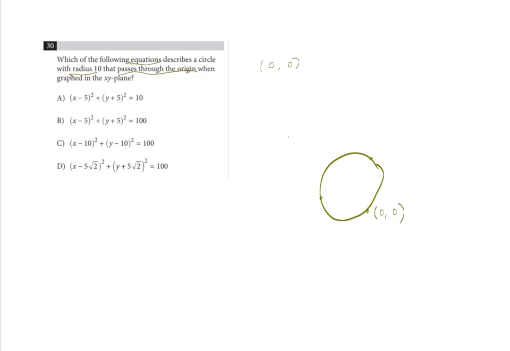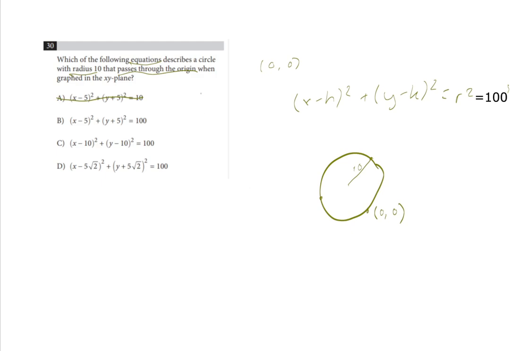So first things first, it's going to have a radius of 10 from the center, which means that whatever our values are, we don't know these yet, it should equal radius squared, which is 100, because that's 10 squared. So we can go ahead and eliminate option A.